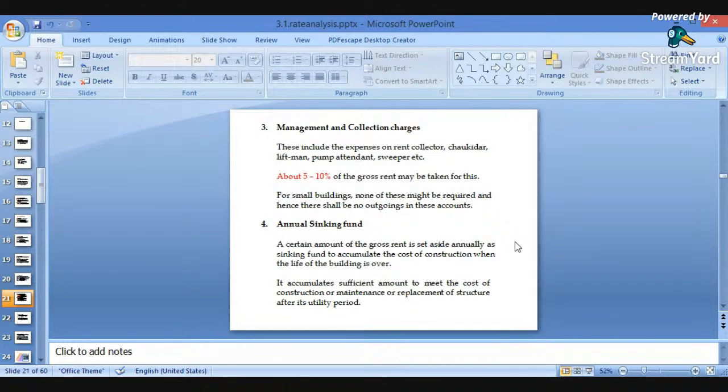After 50 years old structures will be there, and there will be more changes in the structures. The lifestyle of every building will be changed. So after 50 years, we should have some amount so that we can renovate the structures, repair the structures, and have maintenance in the structures. Such an amount which has been kept aside is nothing but the annual sinking fund.